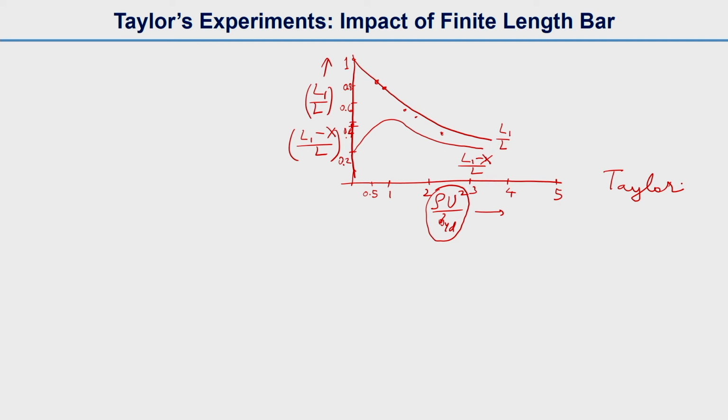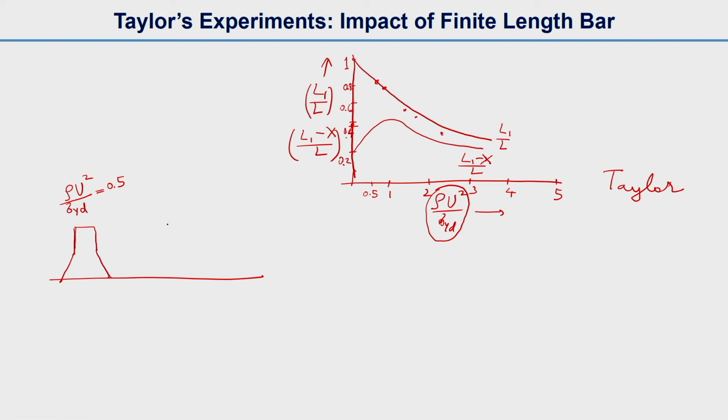So, if rho U square divided by sigma yd is equal to 0.5, the shape will look like this, and the prediction is good.